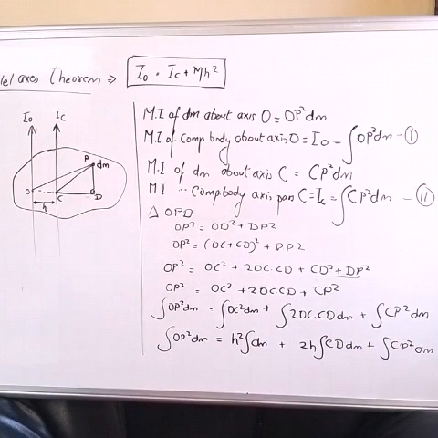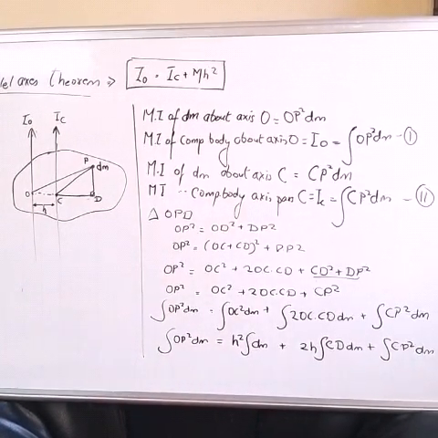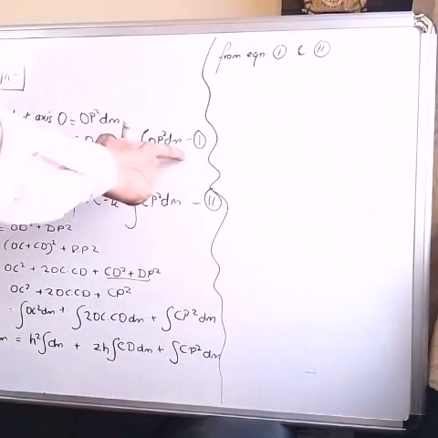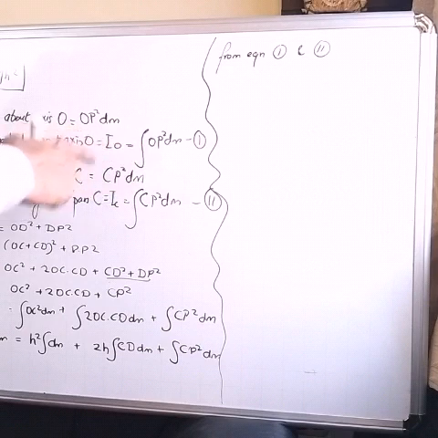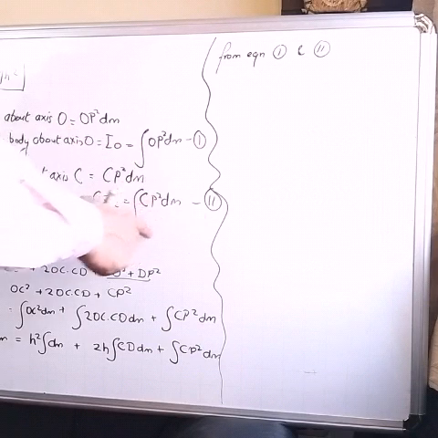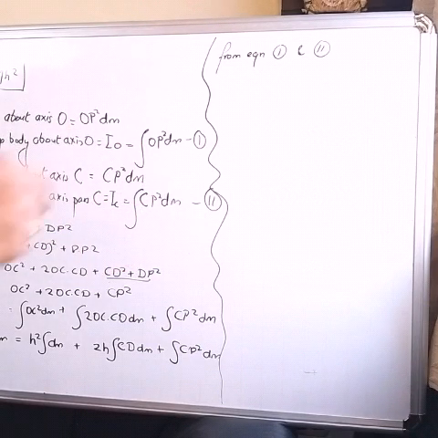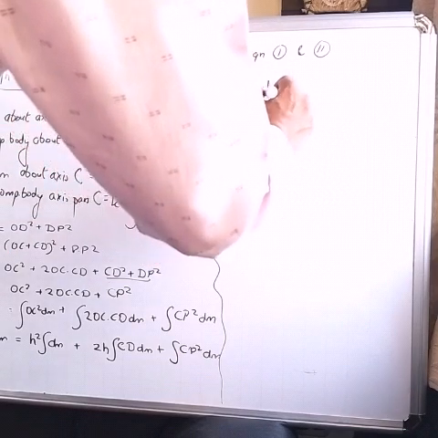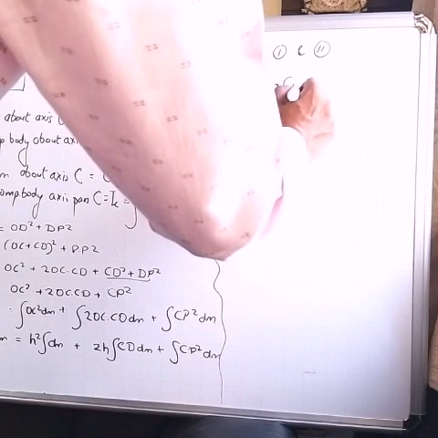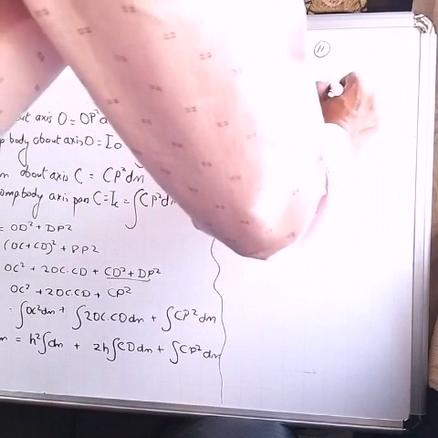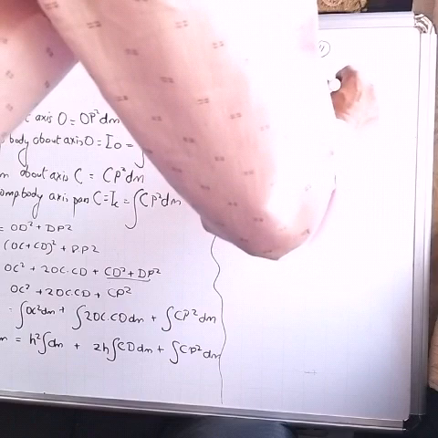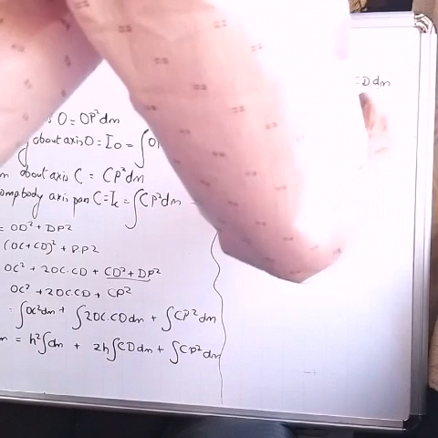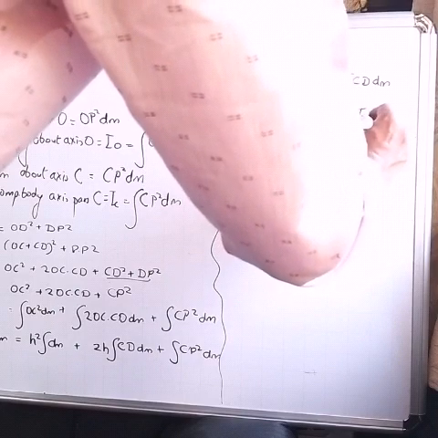Now we'll move forward. From equation 1 and 2, equation 1 tells you that integration of OP square dm is IO and integration of CP square dm is IC. So I'll write directly IO equal to H square integration of dm plus 2H integration of CD dm plus IC.